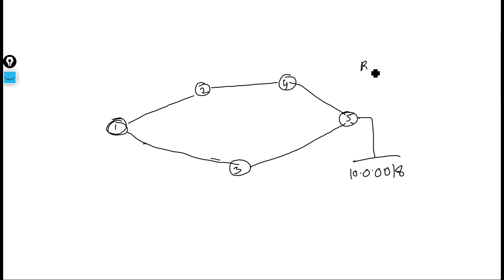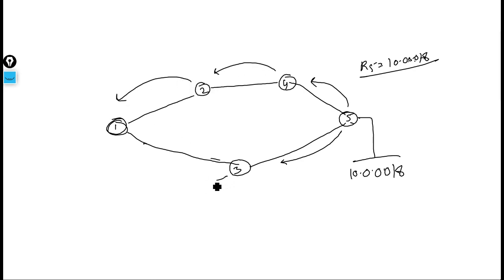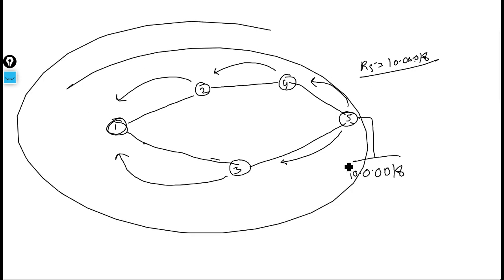So normally your R5 router will advertise that I have this particular network in my environment. Fine. Now the point is, this update will go to all other routers connected here. So how will other routers come to know who is advertising this particular update? By using this R5, correct?